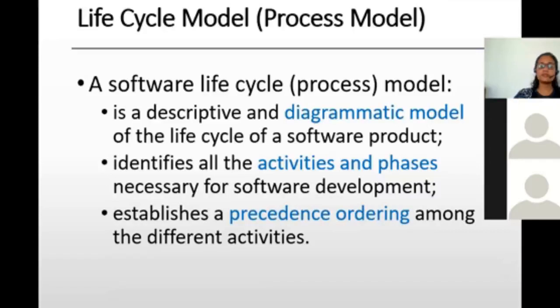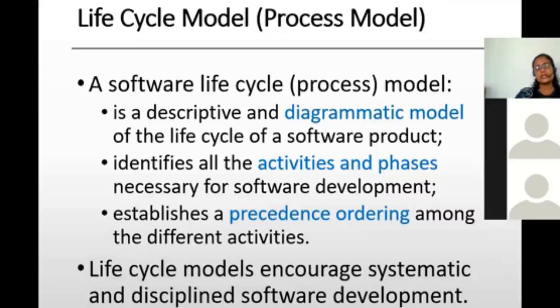So each and every software has to go through these phases or activities, and there's an order of these activities when we come to the software process model or the life cycle model or the software development life cycle. Okay, so we are going to talk about this software development life cycle using the classical waterfall model.